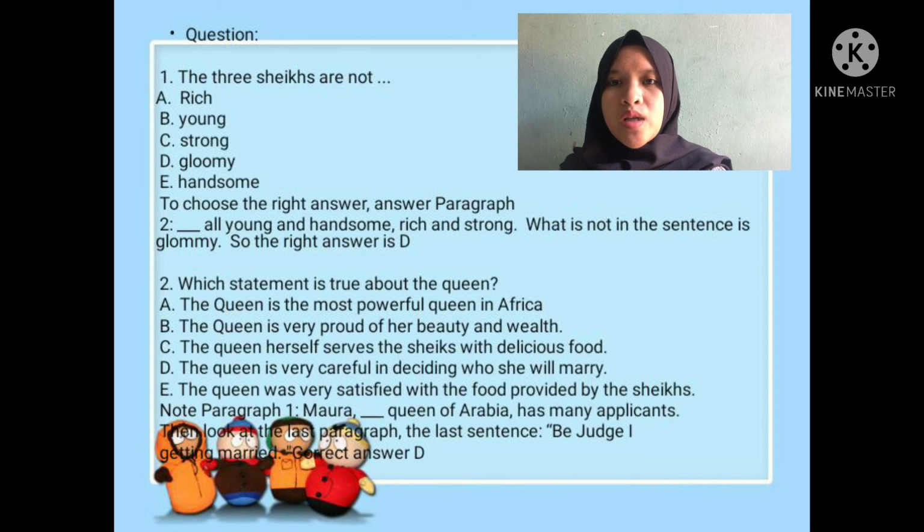E. The queen was very satisfied with the food provided by the sheikh. Note paragraph 1: Maura, Queen of Arabia, has many applicants. Look at the last paragraph, the last sentence, the judge, I'm getting married. Answer D.